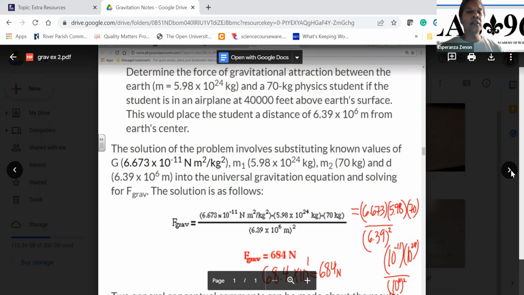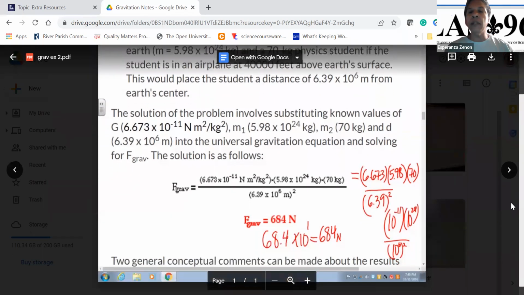It says, determine the force of gravitational attraction between the Earth, there's the mass of the Earth again, and a 70 kilogram physics student if the student is in an airplane at 40,000 feet above the Earth's surface. This would place the student at a distance of 6.39 times 10 to the 6 meters from the Earth center. And you might be thinking, that's not that big of a difference. So why does it matter, right?